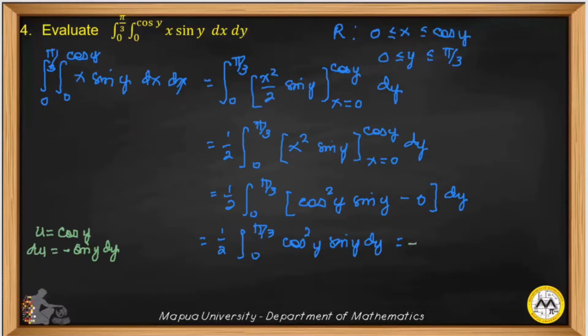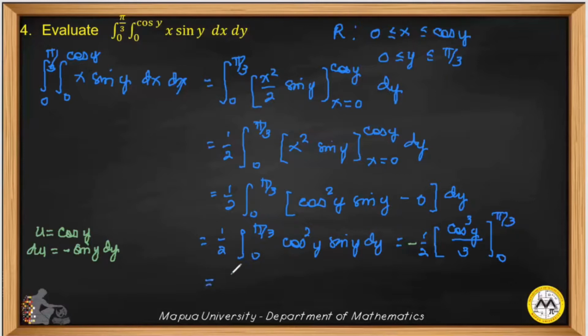The negative sign written here is the correction factor, and we have 1/2. And evaluating the integral of cosine square of y negative sine of y dy by power formula gives us cosine cube of y over 3. And this must be evaluated from the lower limit 0 to the upper limit pi over 3.